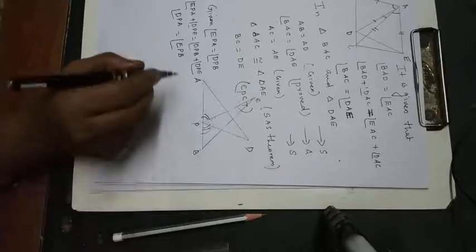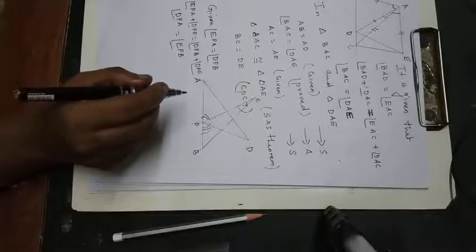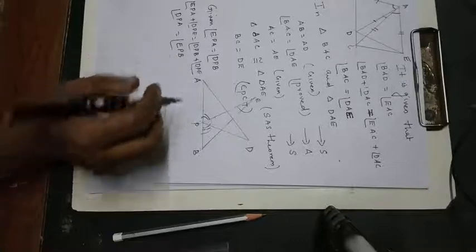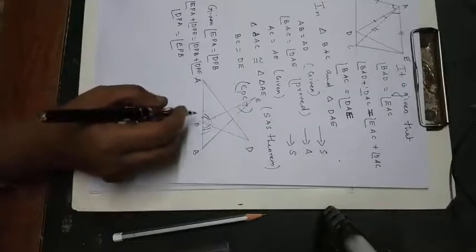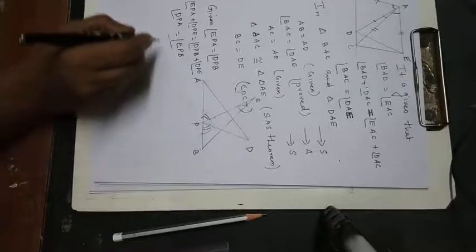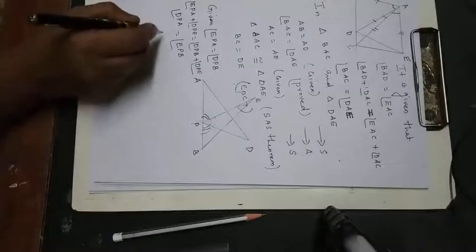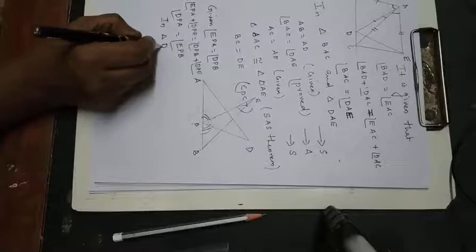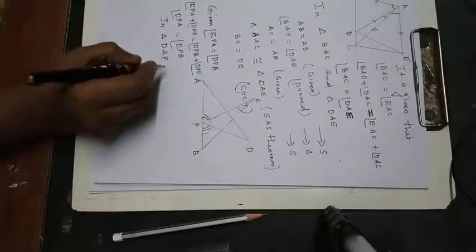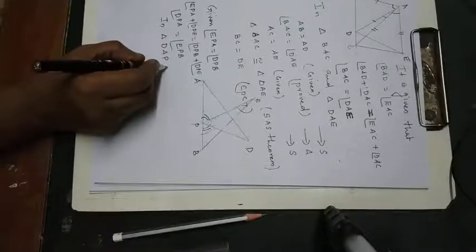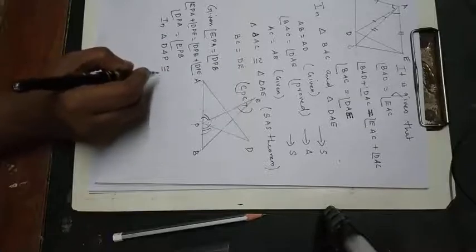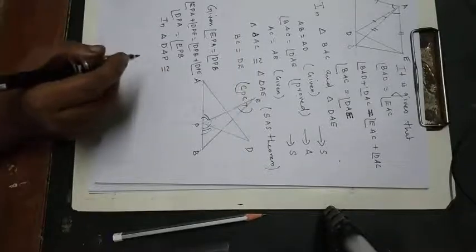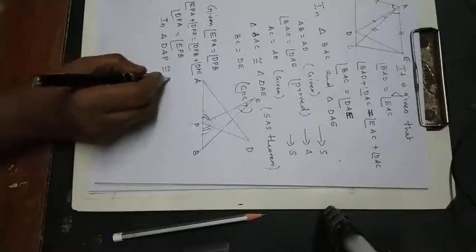So that is the first thing we are doing. Now to prove that triangle DAP is congruent to which one? EBP.